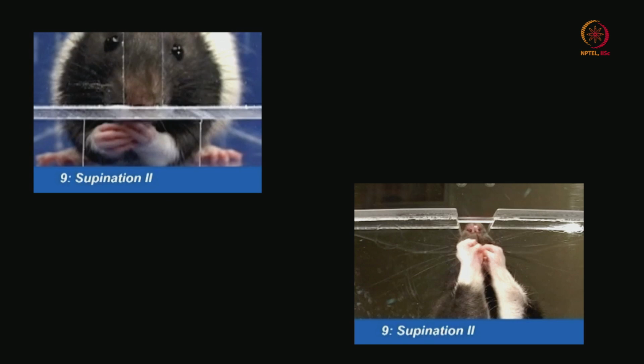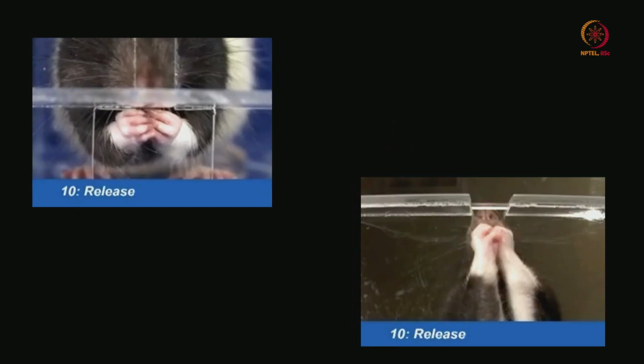As soon as it withdraws the food pellet into the setup box and has to feed itself, that is when the complete supination happens, alright. So that is supination 2, where you can see that the hand is in a completely supinated position. Supination 1 is outside the box, supination 2 is inside the box, feeding itself.